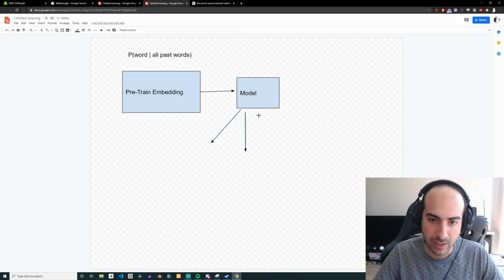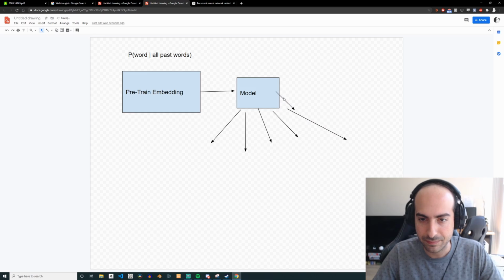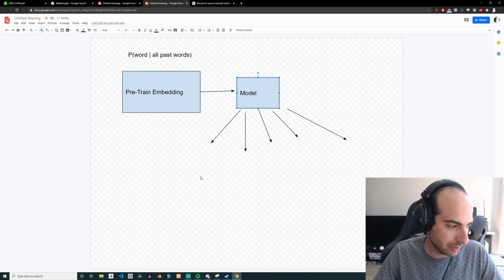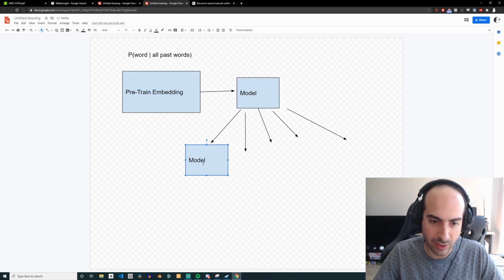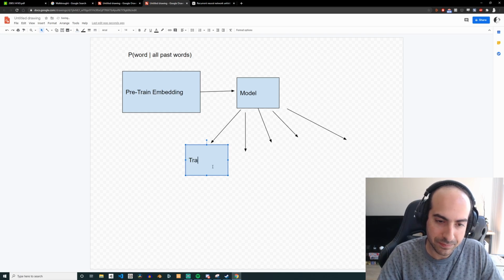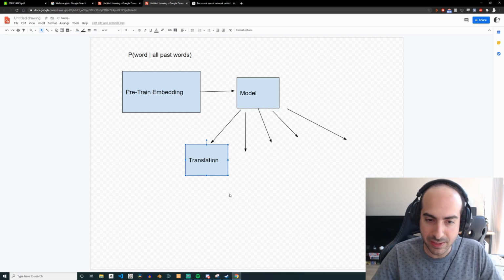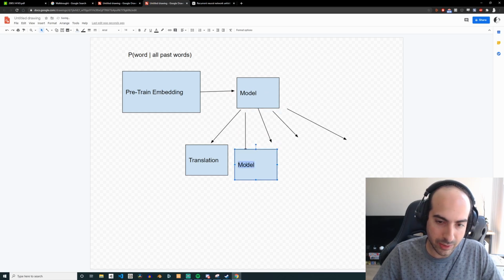Let's do an example. You could say, I want to train this on translation. Or you could say, I want to train this on generation.